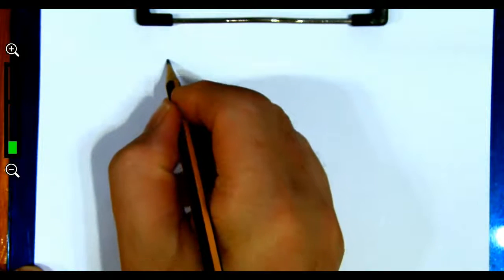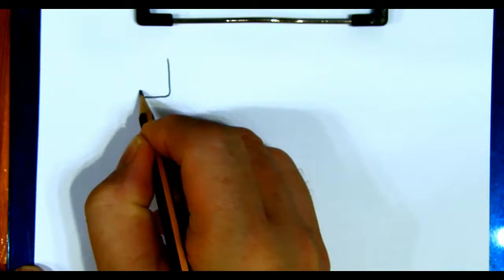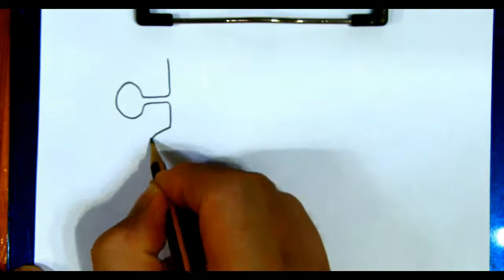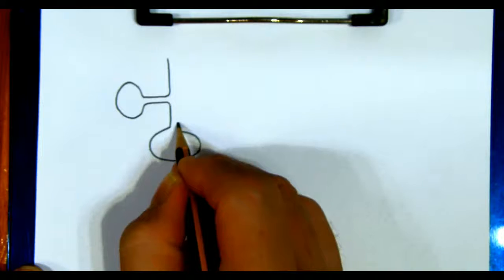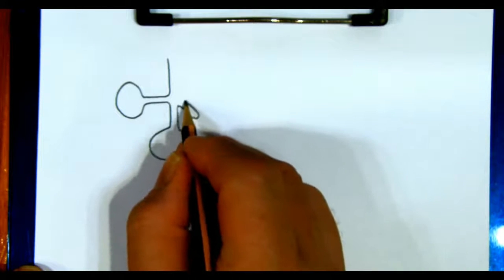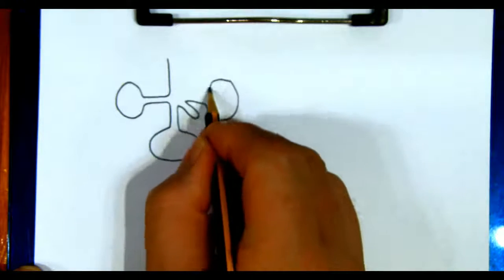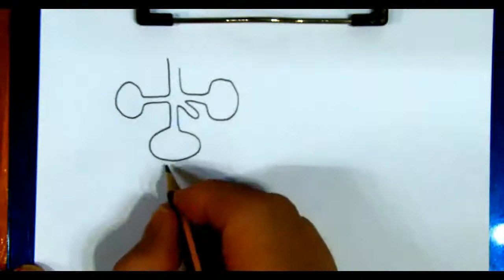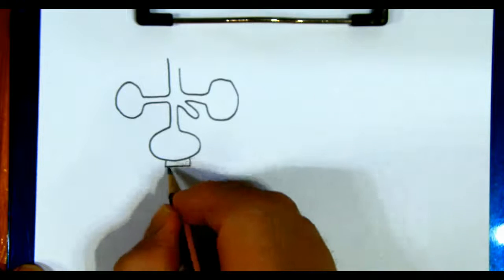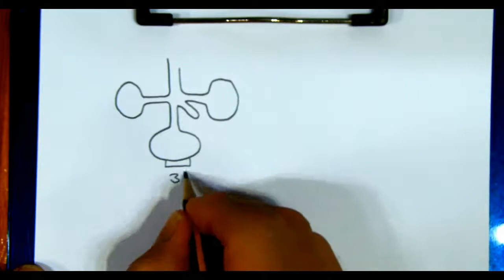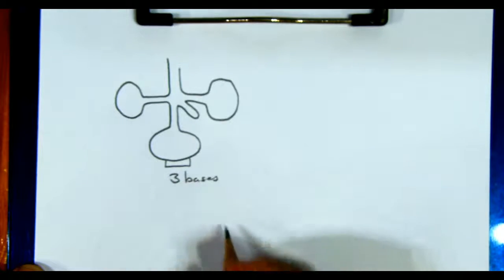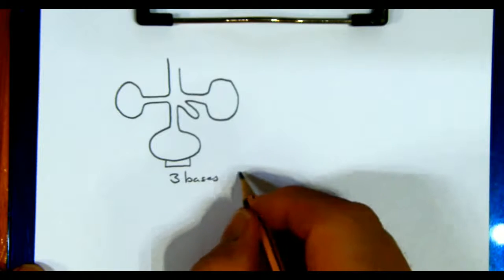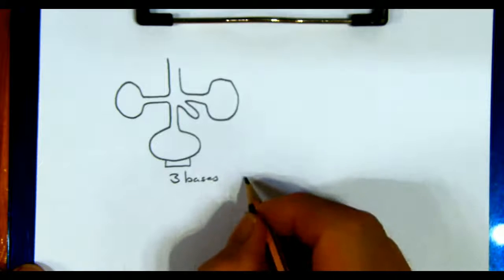We have a molecule that looks something akin to this. Down here I've got my 3 bases, and these 3 bases are my anticodon.